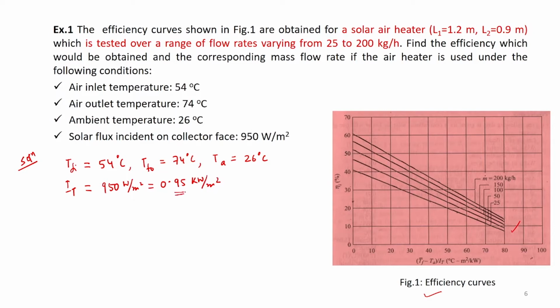Why have we converted to kilowatt per meter square? Because if you see the horizontal axis of this efficiency curve, this IT is in kilowatt.